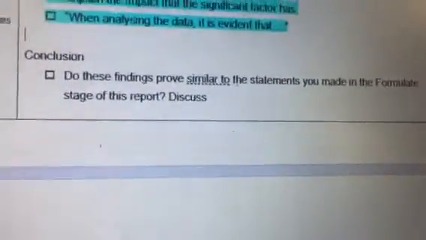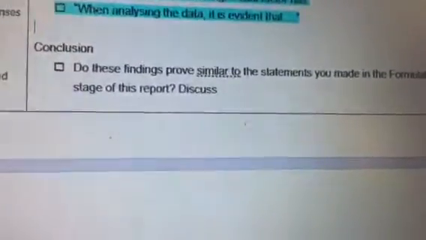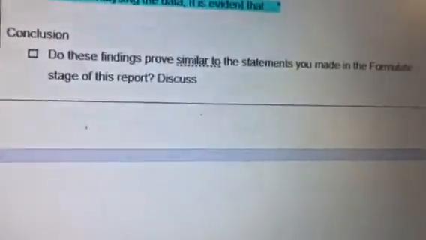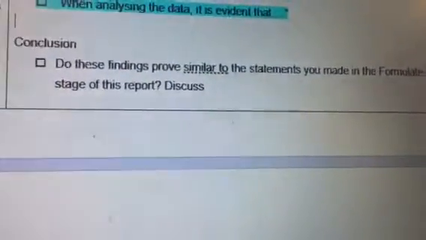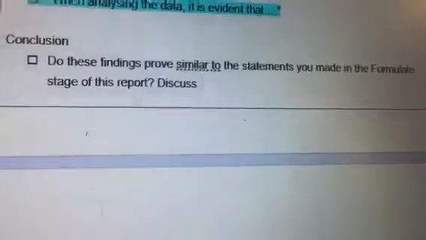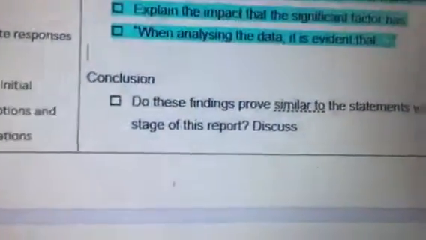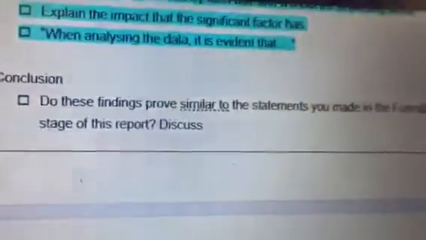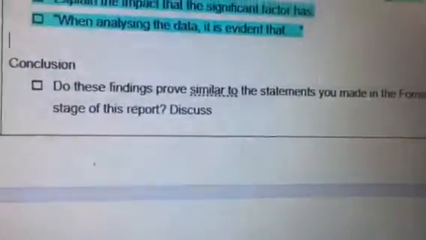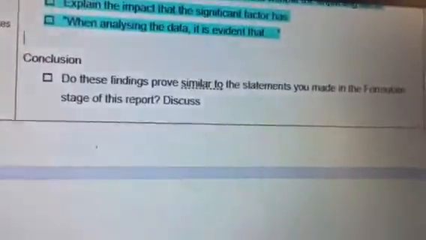So you could maybe say here a sentence like this. In the formulate stage, it was stated that outliers affect measures of central tendency. This was proven in the report, where the almost $1.5 million house had a big impact on a particular measure of central tendency. Okay, so there's maybe two discussions or two sentences you can have as a conclusion.